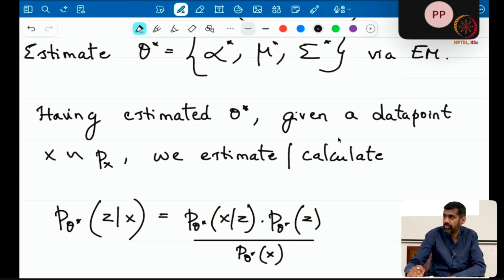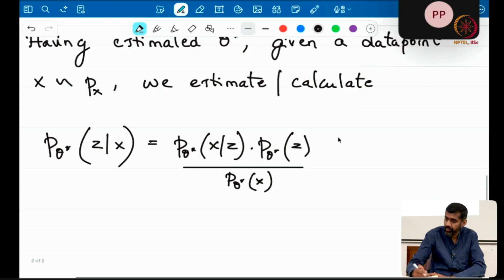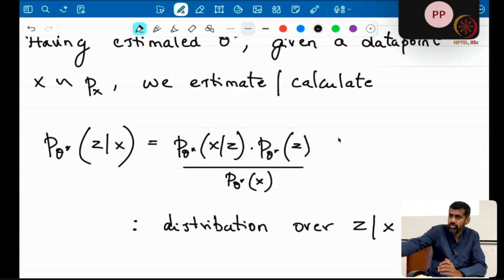The right-hand side is completely known post estimation. So, we can get P theta star of z given x. Now, what is this? This is a distribution over z given x. So, given a data point x, this gives you an entire distribution over z, correct? That is what it is giving.